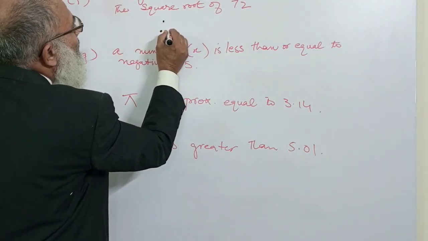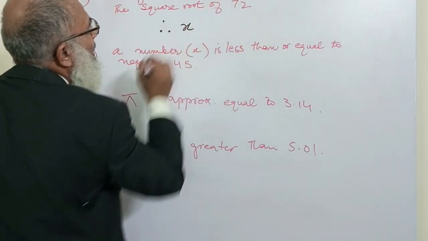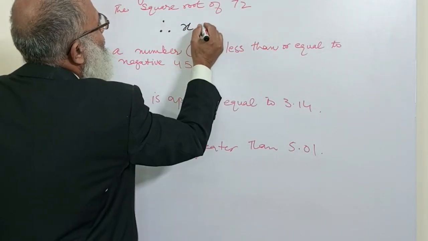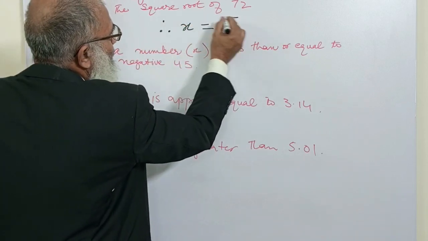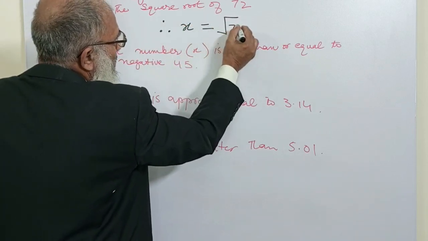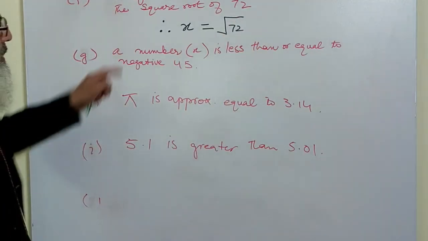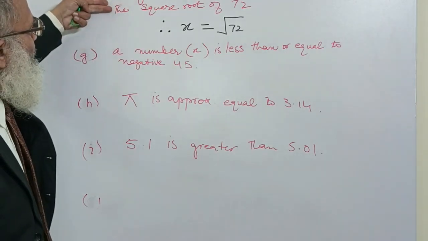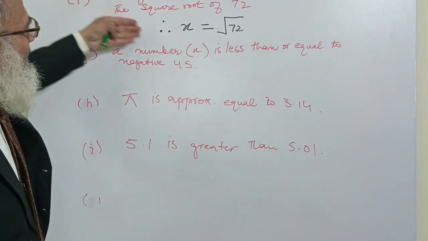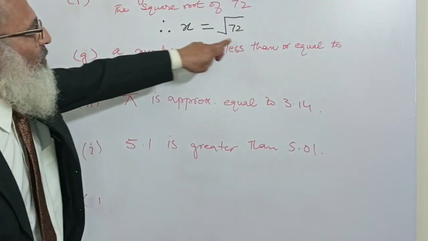Therefore, number x equals the square root of 72. The whole English statement is translated into a mathematical statement.